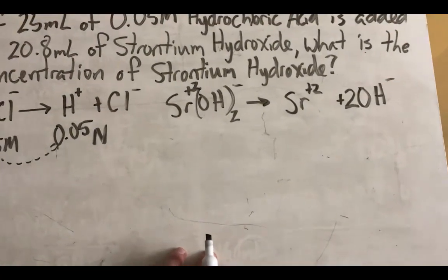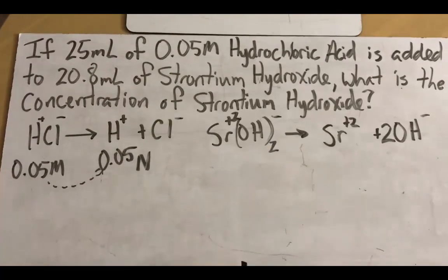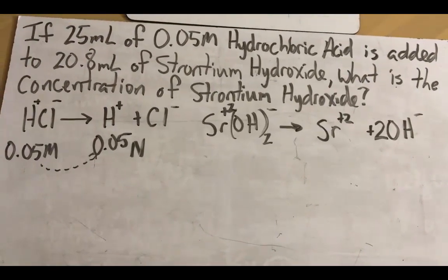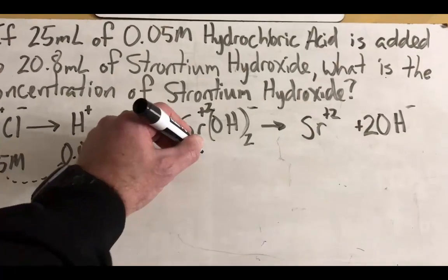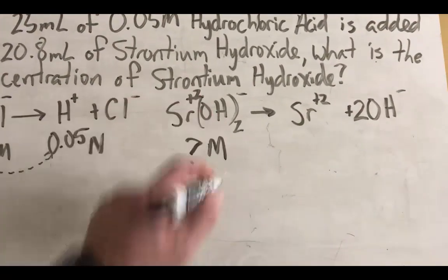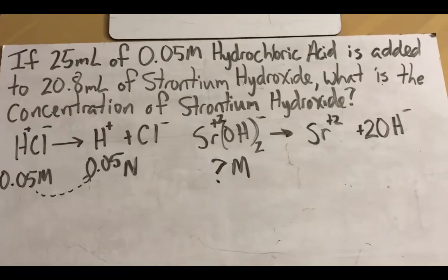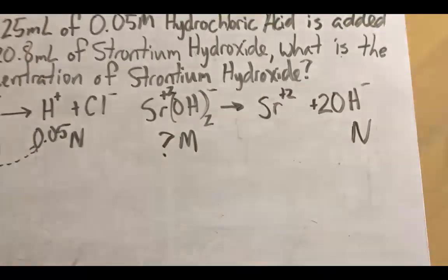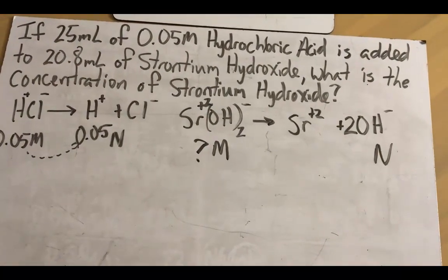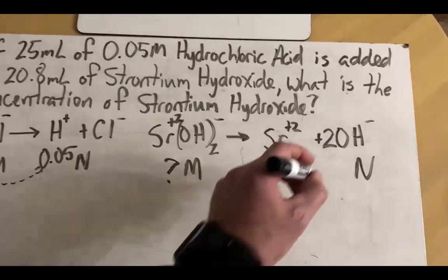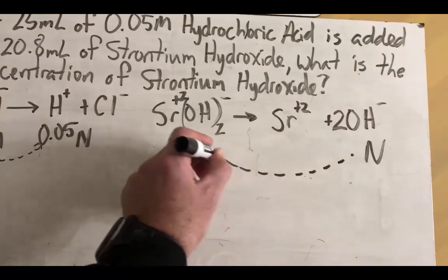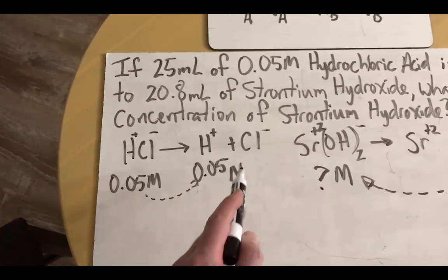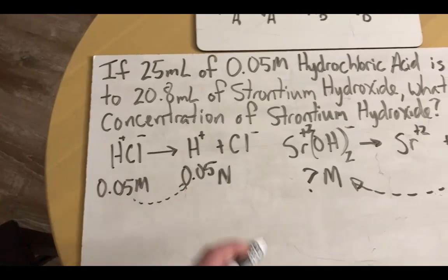Okay. So in this example, what we're going to do is we're going to try to solve for the molarity number here, okay? And so what does that mean? When I get my normal answer right here, at the end, we're going to be working backwards. So if I'm going this way, molarity to normality, you would multiply by things.